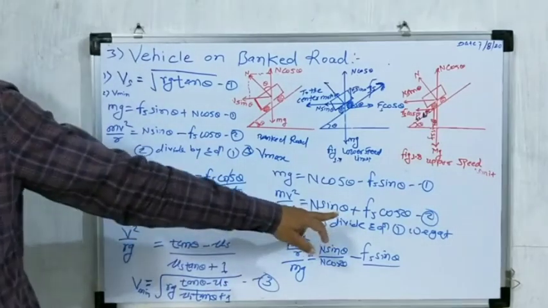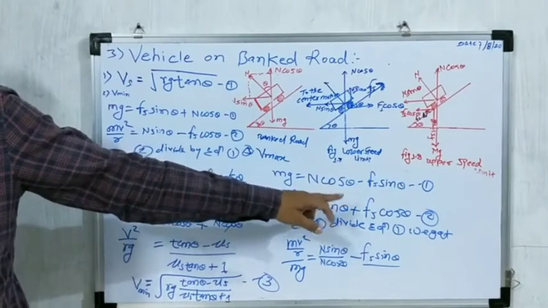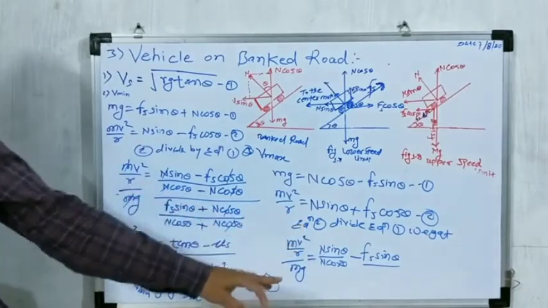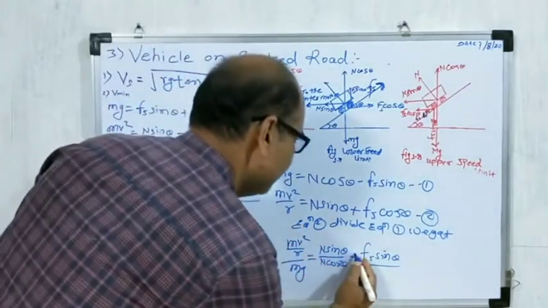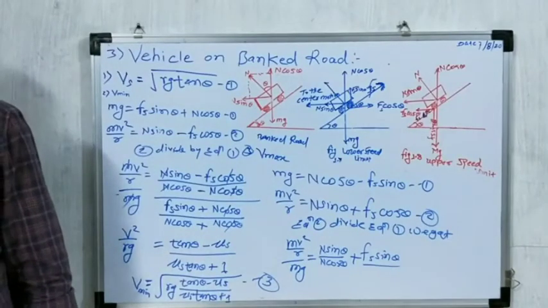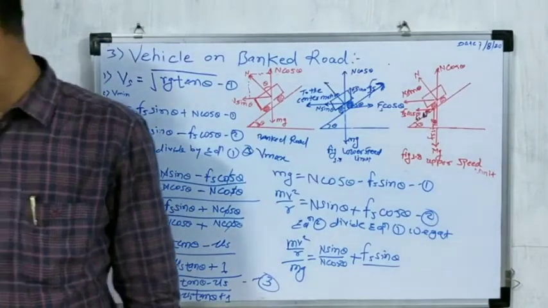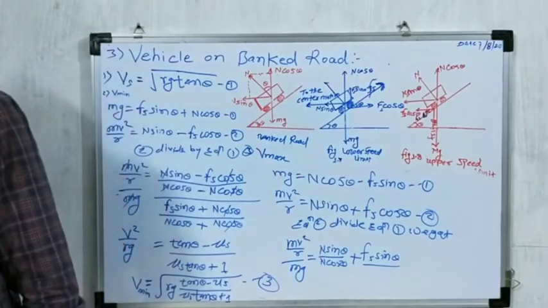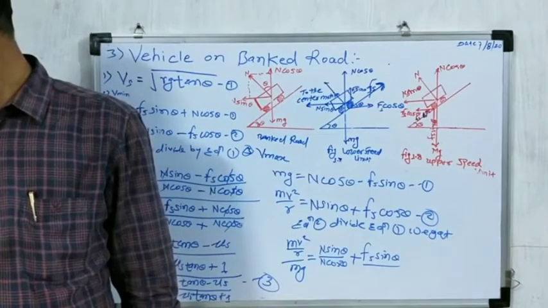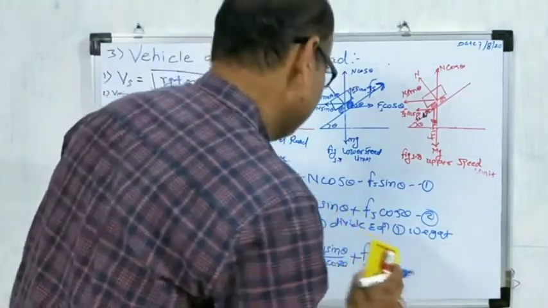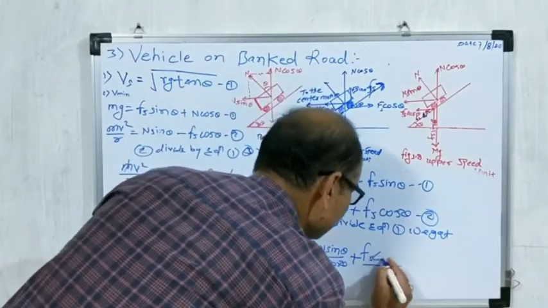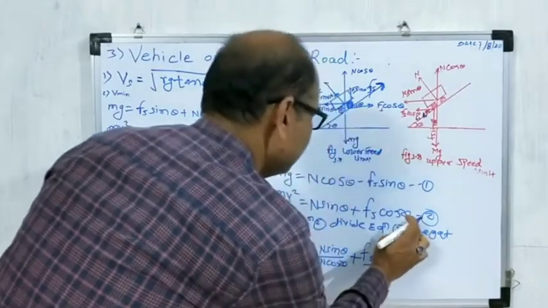The numerator is n sin of theta plus f s into cos of theta, that is equation 2.